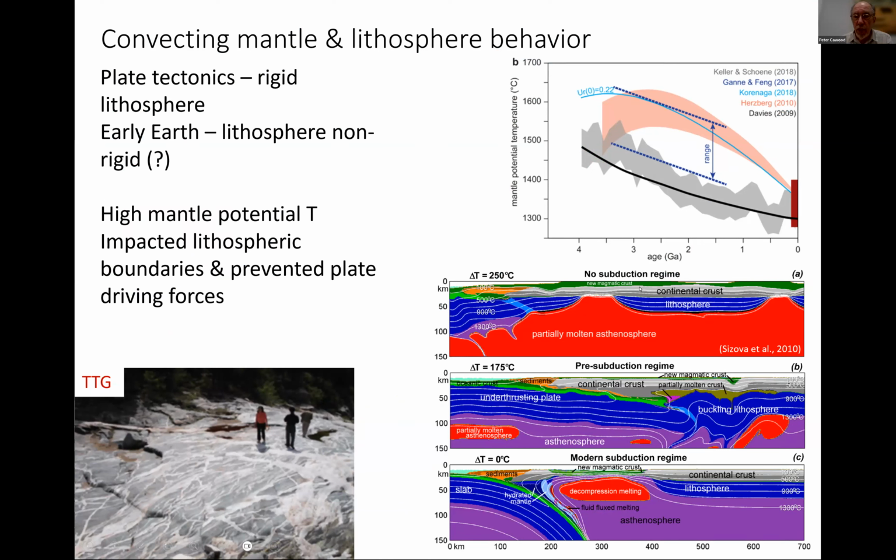It impacted rheology in the continental crust. There would have been more widespread magmatism in the continental crust. And so I consider that the plate boundaries, or the lithospheric boundaries, were much more diffuse, and we ultimately had a non-rigid lithosphere, the kind of terrains we see in the classic Archean cratons.